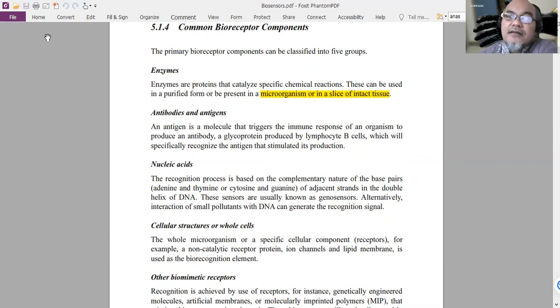However, the advantage of using microorganisms like the whole bacteria or intact tissue is that it will have a longer shelf life compared to if you just use the single purified enzyme. If you use the bacteria or whole microorganism or an intact tissue, then the enzyme is preserved in its natural environment, albeit in a very limited, confined environment.